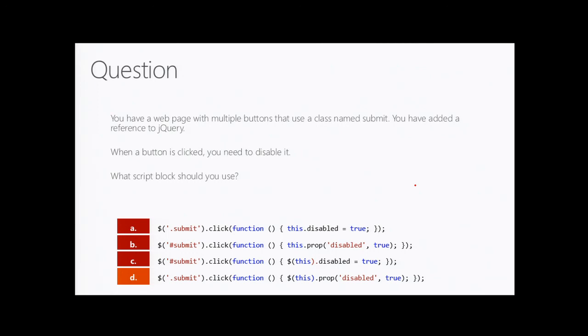So you have to call prop. Specify what property you want to manipulate and specify the value. Disabled is a property, so you do have to use the prop method to specify the property you want to manipulate and the new value you want to set. I know it sounds like saying the same thing over and over again, but this is the right terminology. So be very comfortable with the idea of that prop method.